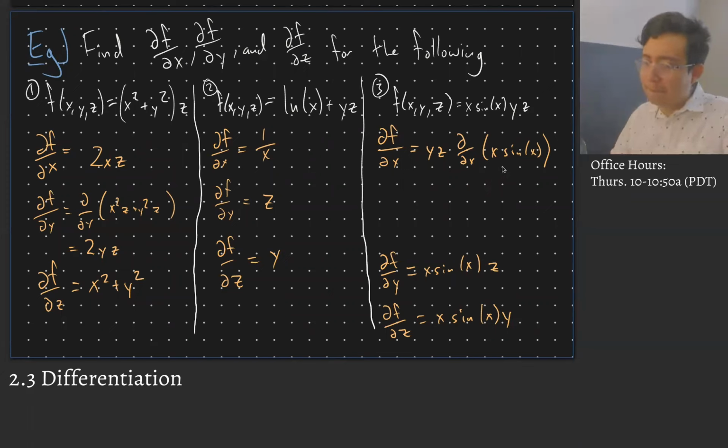But now, how do we take this derivative? We have the product of two functions of x. How do we take the derivative of that?